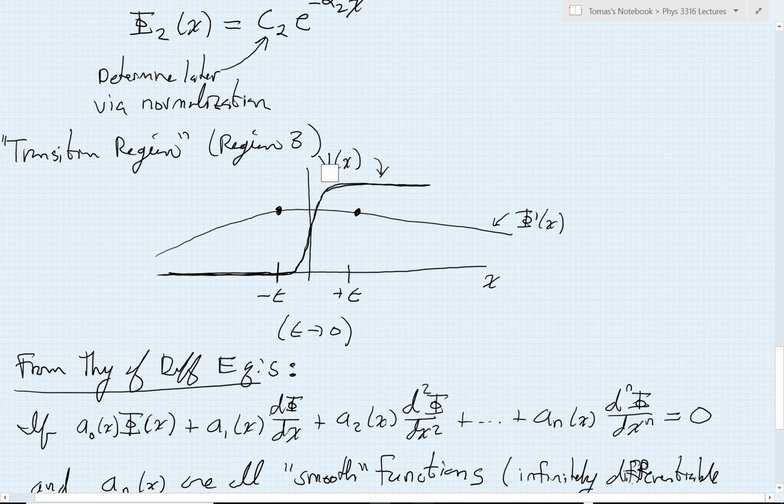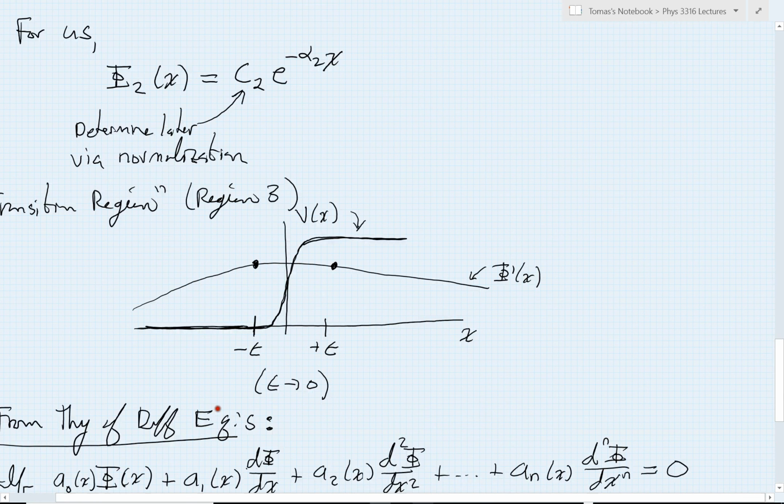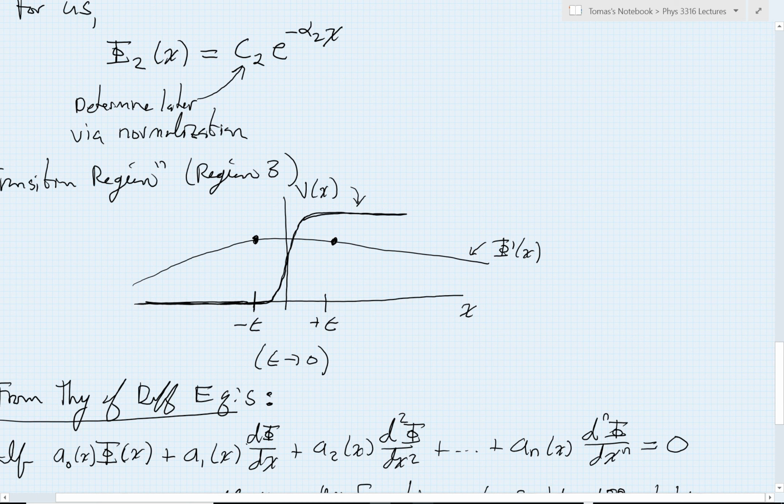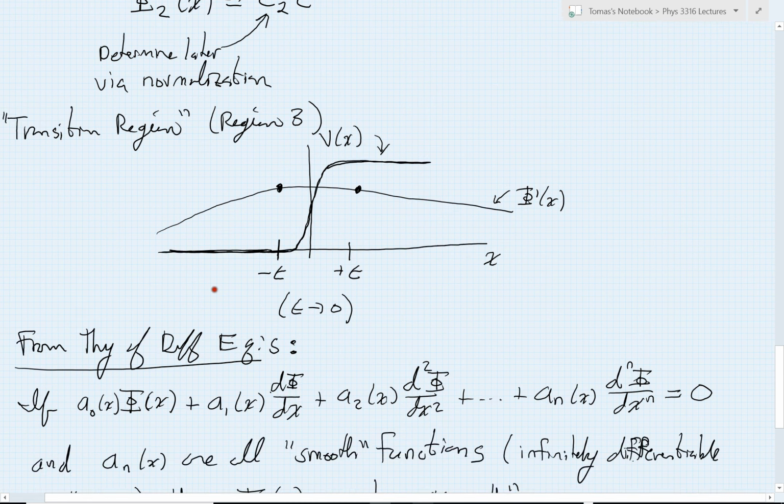It's not suddenly becoming infinite or anything. So as long as I have a potential that is everywhere finite and stays everywhere finite as I shrink this boundary down to 0, so notice, I'm not talking about, say, a delta function, which as I shrink my epsilon range, the potential goes to infinity. I'm speaking about a finite potential right now.